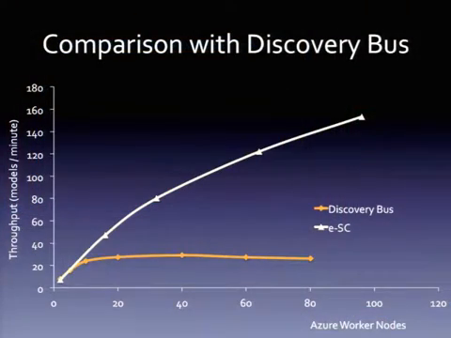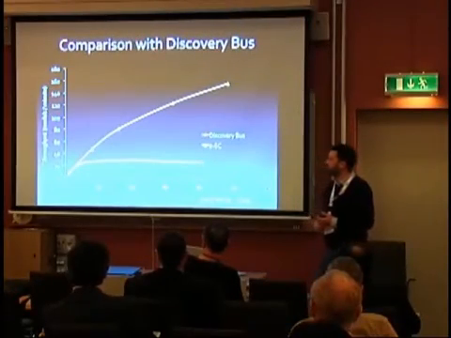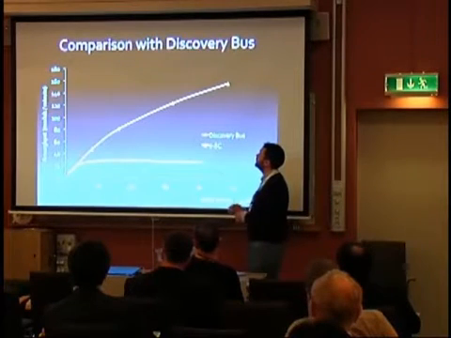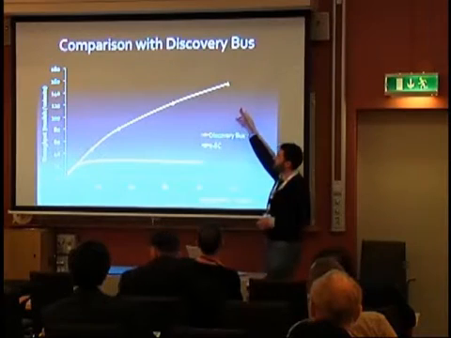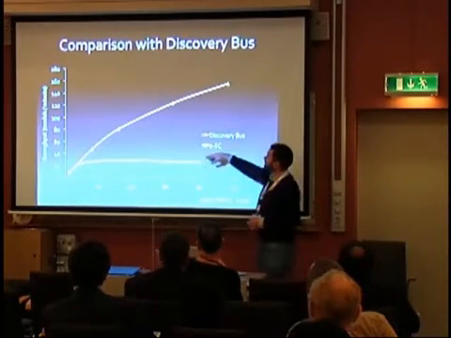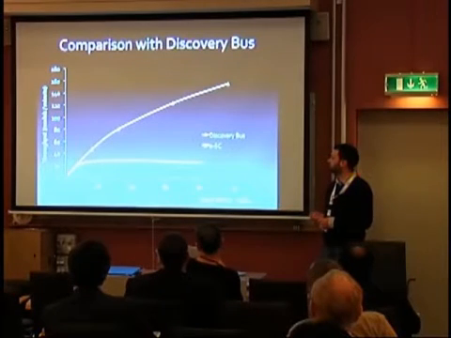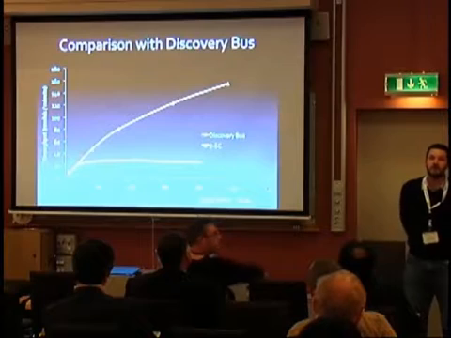And in terms of a comparison with the original Discovery Bus, this orange line is the same data set that we saw earlier of requests per minute, models built per minute, and the slightly lighter line is the new system. And so we can see that there's about a six-fold increase in the performance that we're seeing from this system. What was the reason for that performance of Discovery Bus?